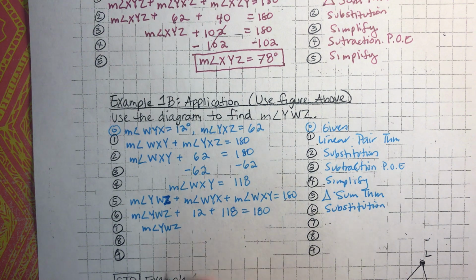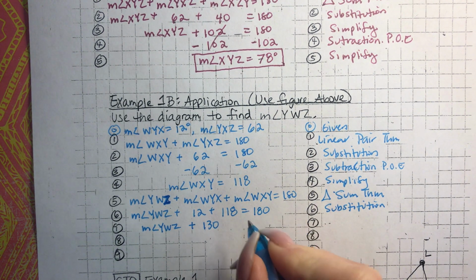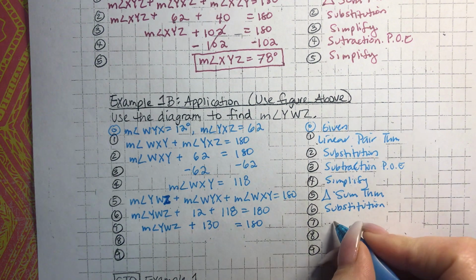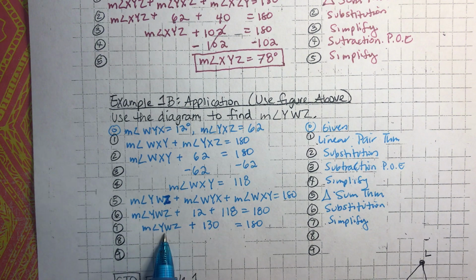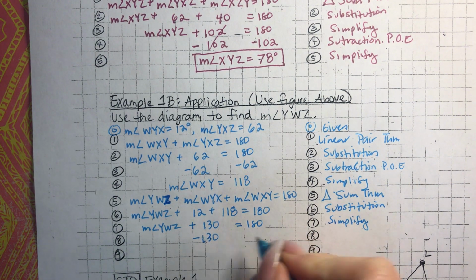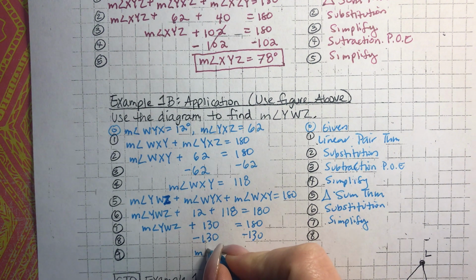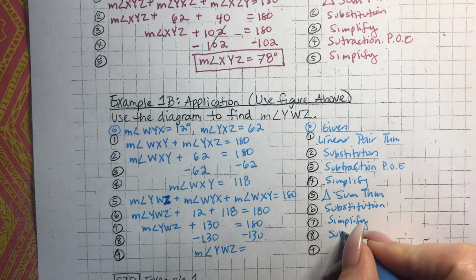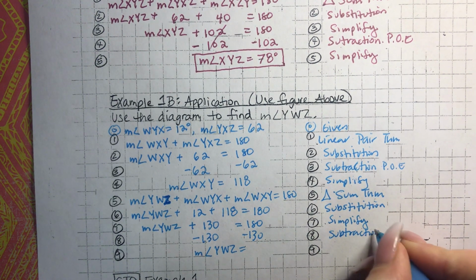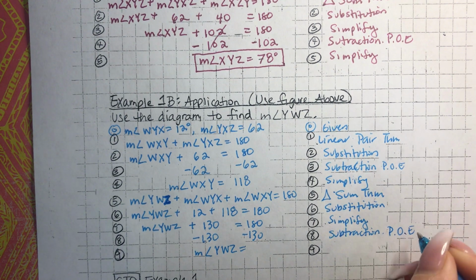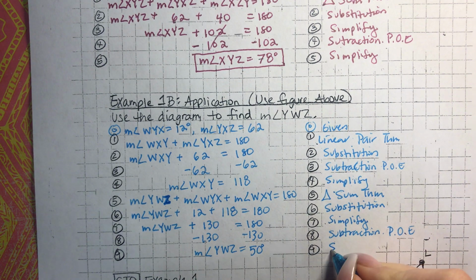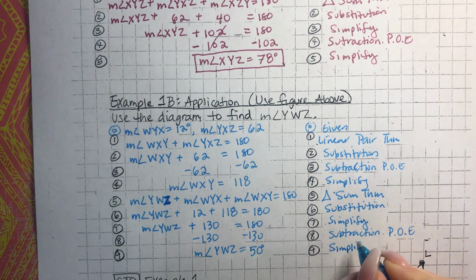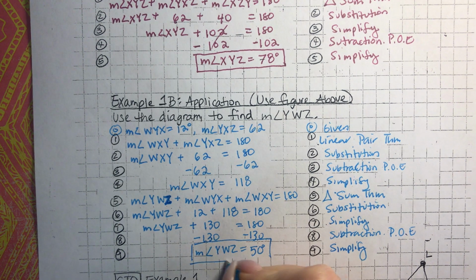So what is that? 12 plus 118 is 130. Simplify. And then just isolate, right? So subtraction property of equality. And equals 50 degrees. And that's simplify. So there is our answer right there.